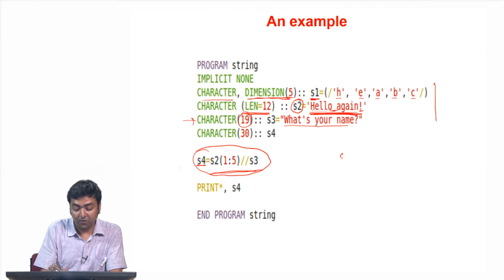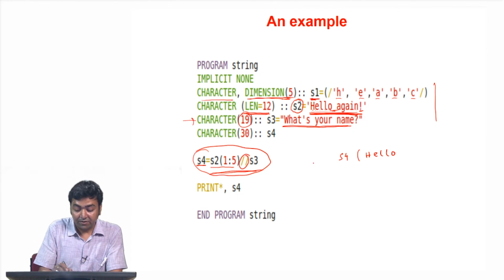So, my S4 stores the following letters: H, E, L, L, O. And then I connect these elements in the S2 array with the elements of this S3 array through this concatenation operator.